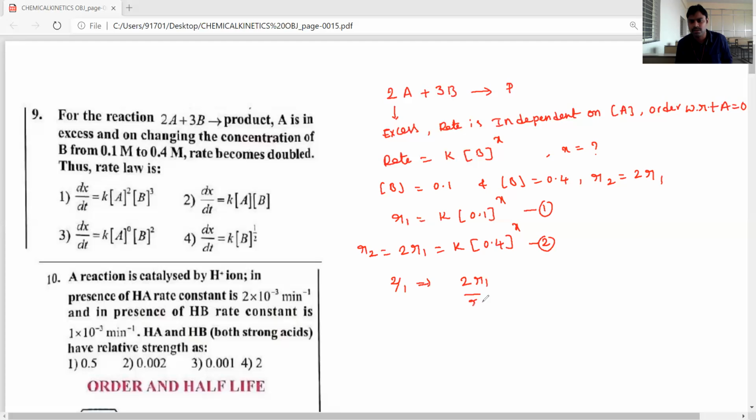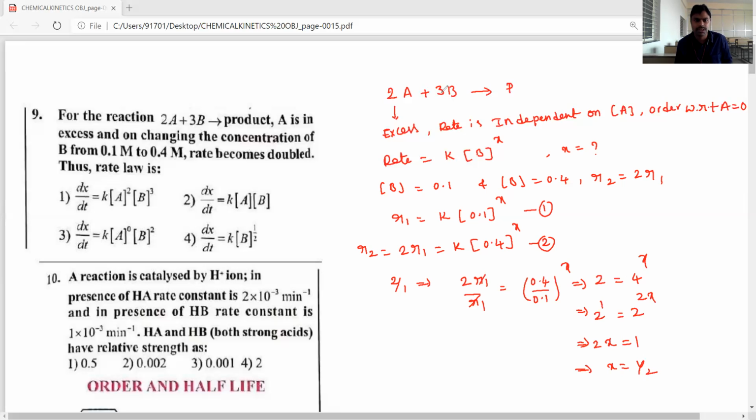Then 2 by 1 implies 2R1 by R1. R1 will cancel, and K will cancel. So (0.4 by 0.1) whole to the power of x is nothing but 2, which is 4 power x, nothing but 2 power 1 is equal to 2 power 2x. So 2x is equal to 1, then x is equal to 1 by 2.